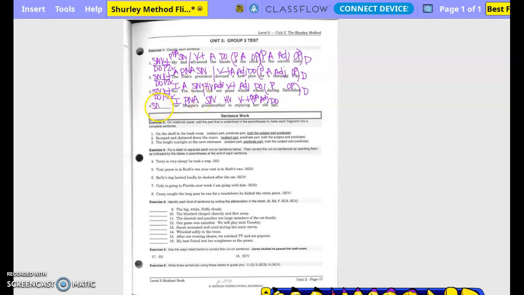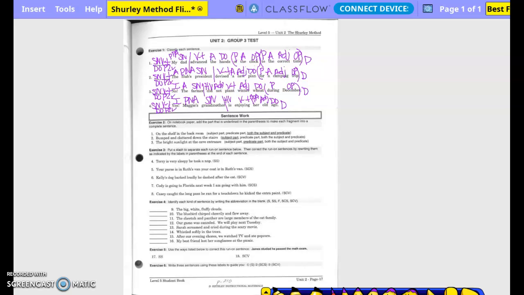Pattern: subject, noun, verb, transitive, direct object, pattern to check. Okay, we don't have any prepositional phrases, period. Go back to the verb, divide the complete subject from the complete predicate. In between grandmother and is. Is there an adverb exception? No. Is the sentence in natural or inverted order?